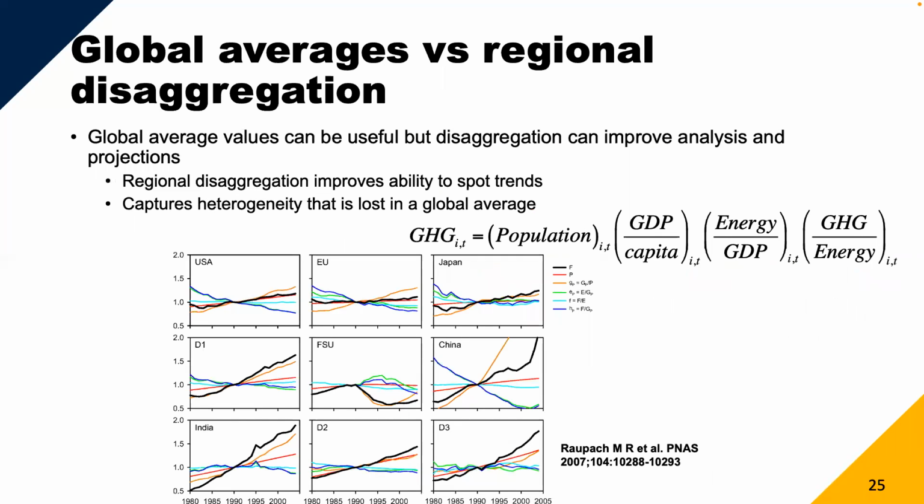You can also decompose this into different regions, and you can look at different time scales as well. So I can look at different areas i and different years t, and plug in potential projections for all of these things to have an understanding of what would happen with greenhouse gases.